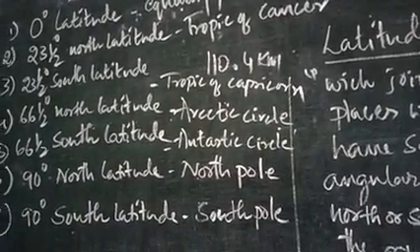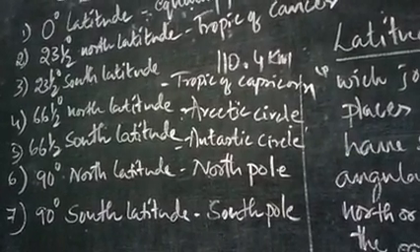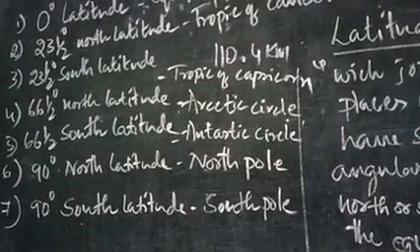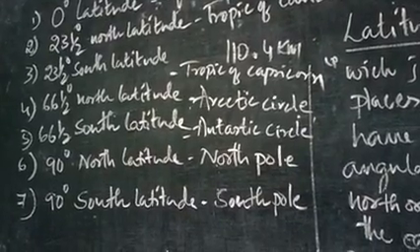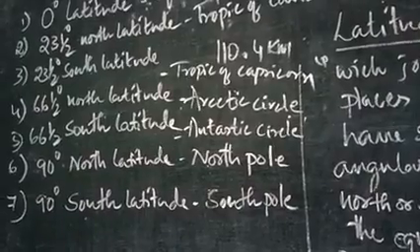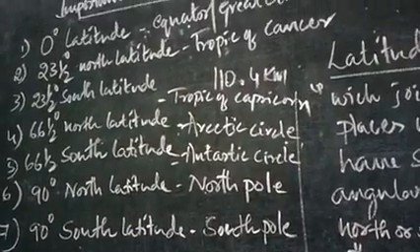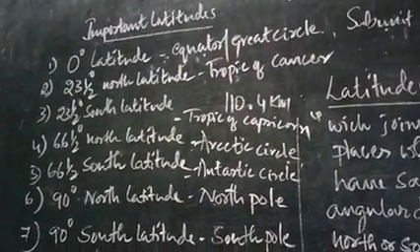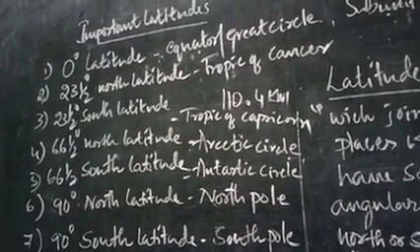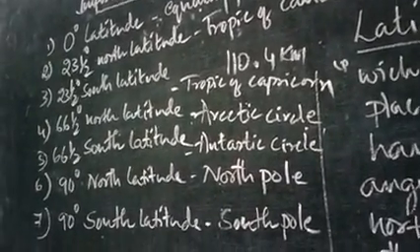Then 66.5 north latitude, the Arctic Circle, and 66.5 south latitude, the Antarctic Circle. The 90 degree north latitude is the North Pole, and the last one, 90 degrees south latitude, is the South Pole. These are all the important latitudes we can see on the globe.